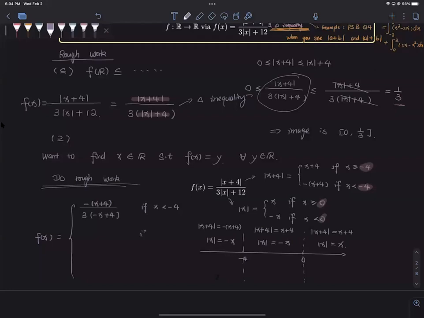When negative 4 is less than or equal to x less than 0, you would have x plus 4 over 3 times negative x plus 4. And when x is greater than or equal to 0, you would have 1 over 3.